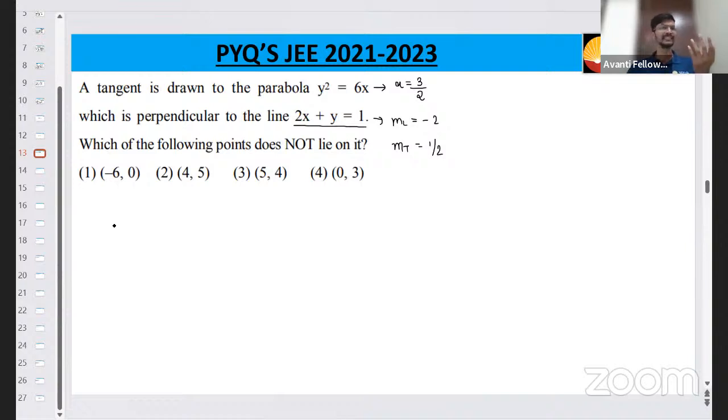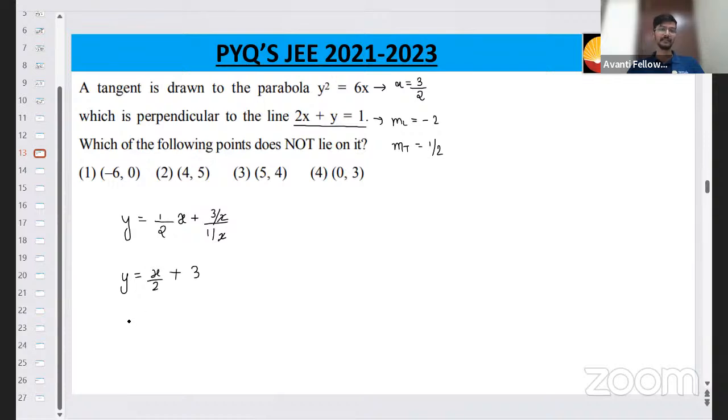Correct? So we can easily write the equation of the tangent in slope form, which is y equals mx plus a by m. We can cancel out 2. So we got the equation as y equals x by 2 plus 3.